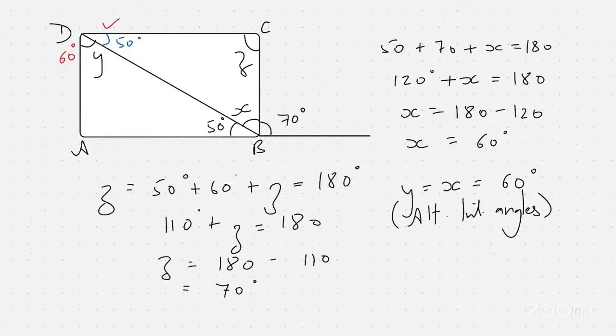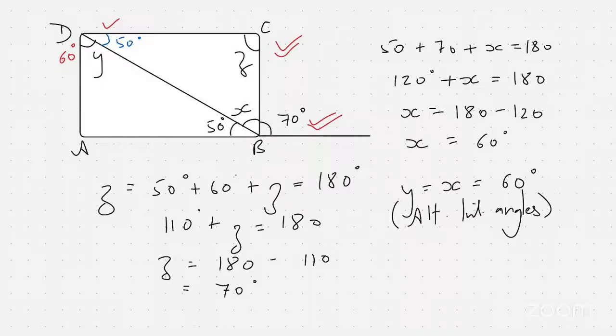If you try to look at this angle and this angle, the 70 degree outside one, you will find that this is also alternate exterior angles, which are equal. These are called alternate exterior angles.